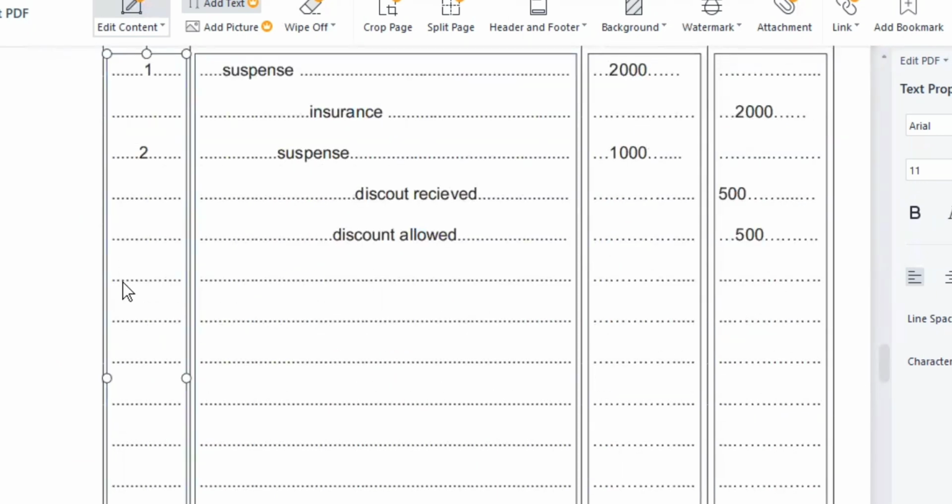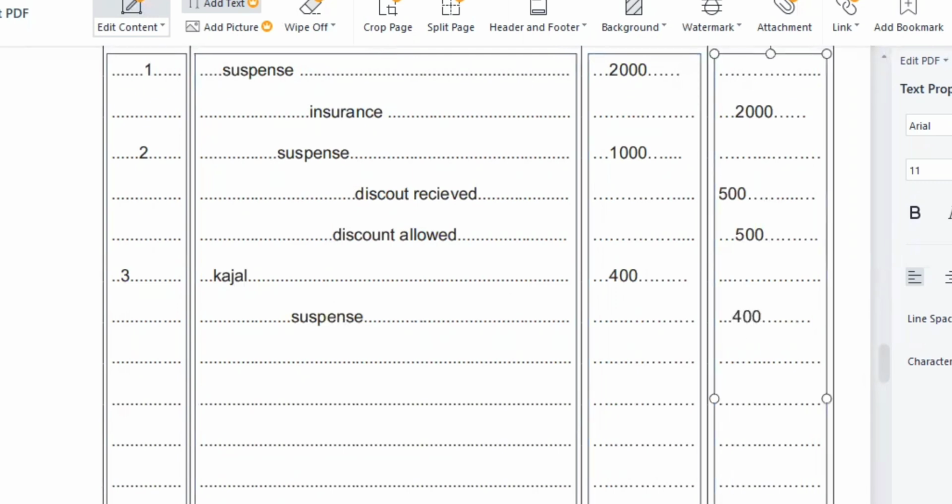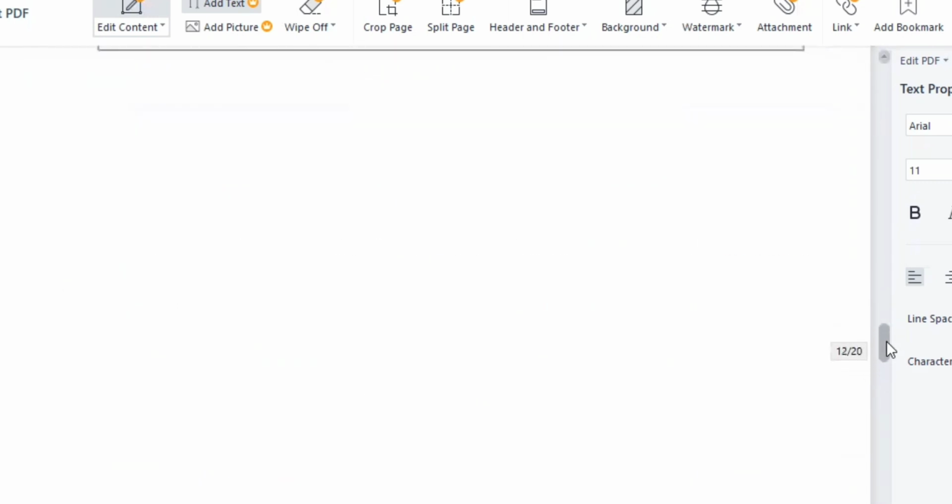So third will be Kajal 400, suspense 400. It was the easy one.